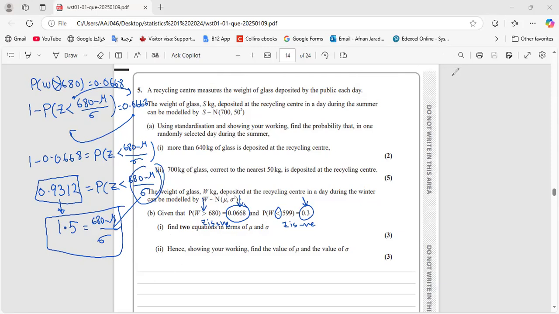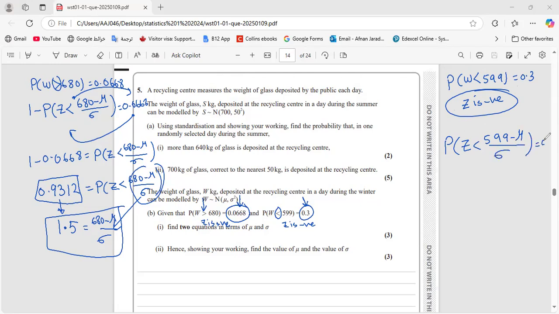What about the equation of the probability of W less than 599 equals 0.3? Exactly the same, it's less than. So don't miss that Z is negative here, okay? It's very important. Now to convert it, the probability of Z less than (599 minus mu) over sigma equals 0.3.